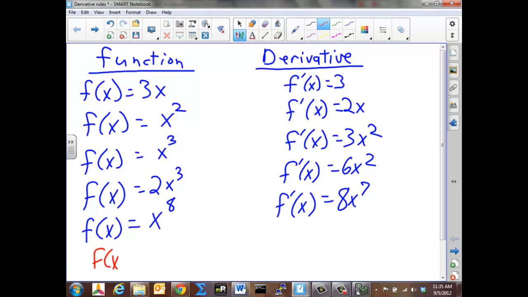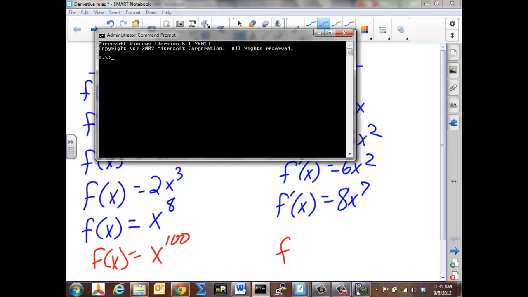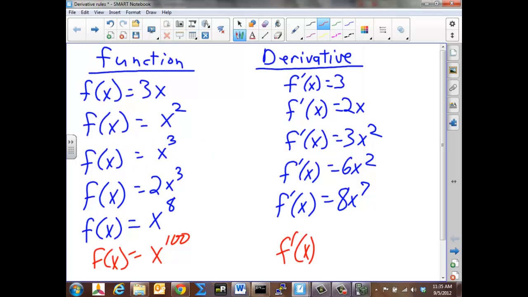F of x equals x to the 100th power. And you should be able to look at that now and know what f prime is. 100x to the 99th power.